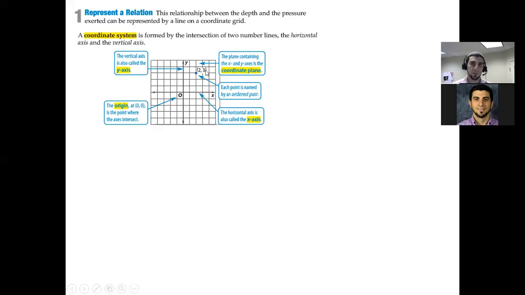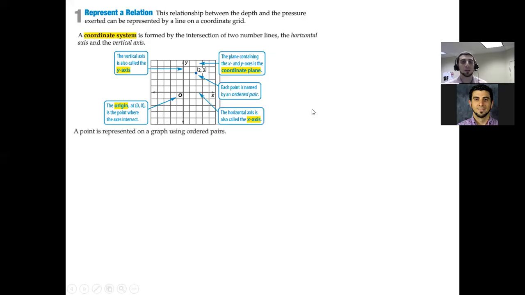And the second number is how many units you moved in the y direction, vertically, 3 units up. If I start at the origin, which is where you always start when you're trying to graph a point, you would move 2 units to the right and 3 units up. The origin, which is the middle of the coordinate plane where the x and y axis intersect, is known as 0, 0, because you didn't move left or right or up or down.